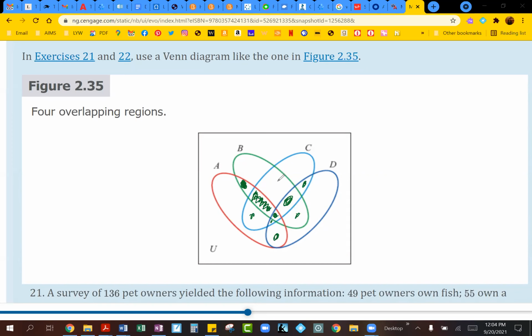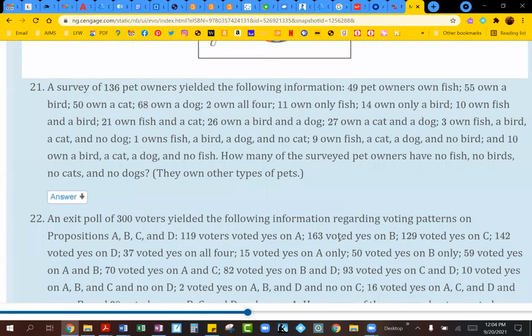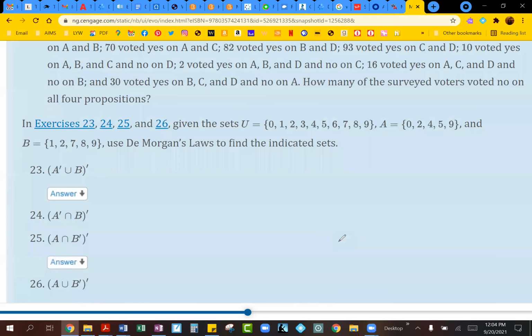Of course, this is another overlapping section here, and then these are individual sections, and then something on the outside. So the more overlapping circles you have, the more these regions are going to multiply depending on how those circles are placed. So definitely, we're stopping at 3 regions, but there can be more circles that you have to work with.